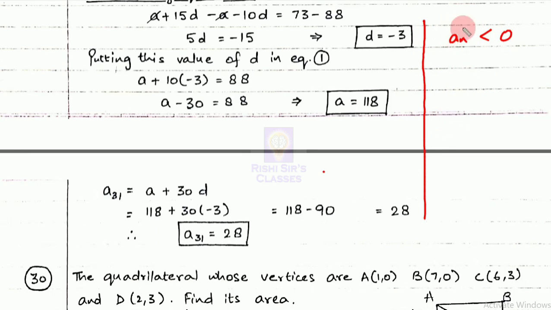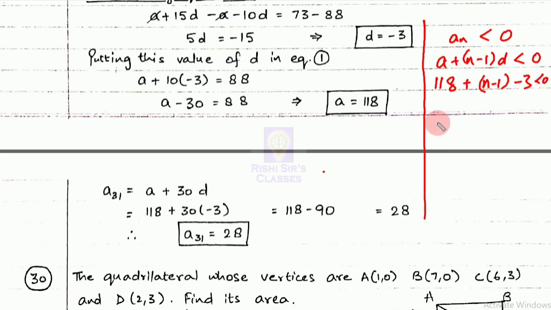And what is the formula of An? An is A plus (n minus 1) into D. That should be less than 0. The value of A is 118 plus n, we need to find out, and the value of D is minus 3. That should be less than 0.